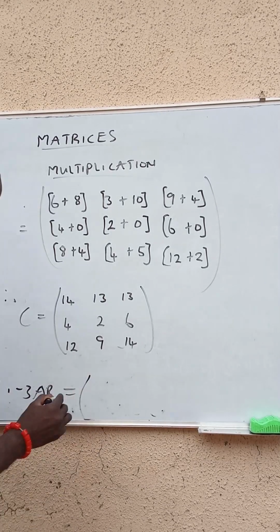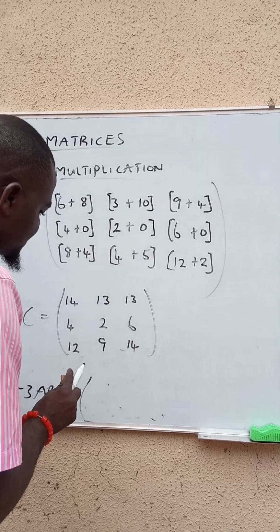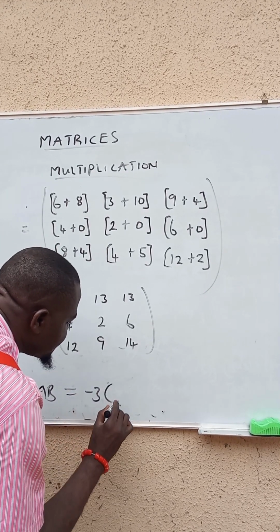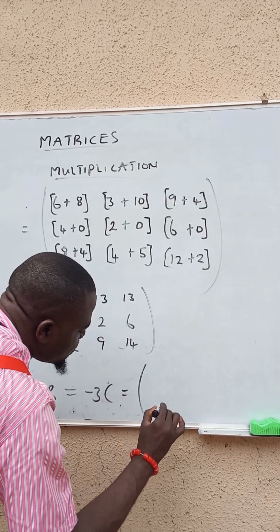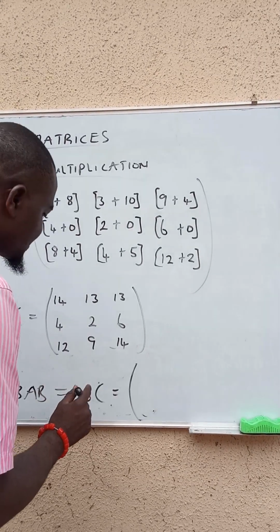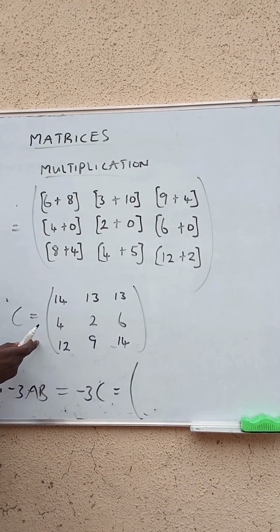AB is C, which is equal to minus 3C, which is equal to what? This minus 3C is the same thing as the minus 3AB.